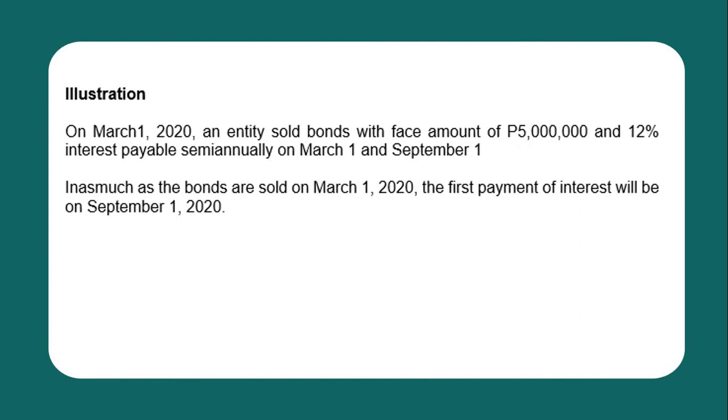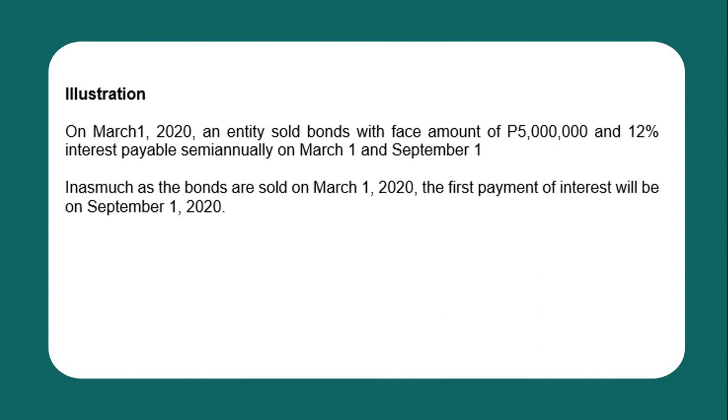Okay. So, say for example, on March 1, 2020, the entity sold bonds with face amount of 5 million and 12% interest payable semi-annually on March 1 and September 1. Inasmuch as the bonds are sold on March 1, 2020, the first interest payment will be on September 1.